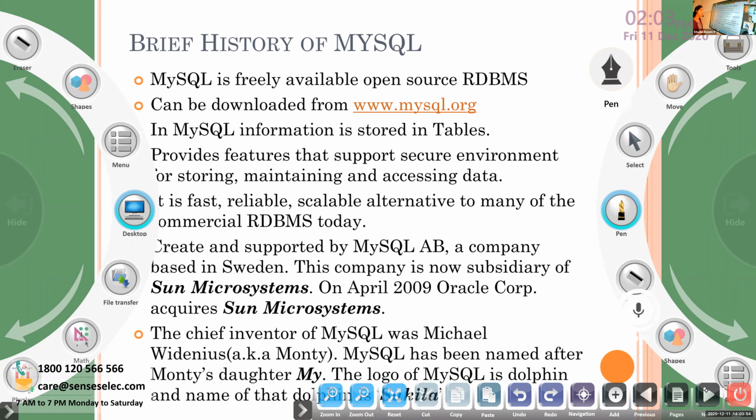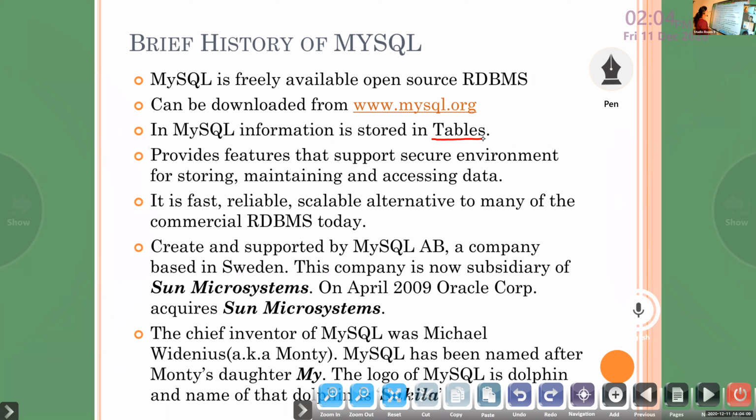We can download it from mysql.org, but even though the name is given as mysql.org, it will go to mysql.com. In MySQL, information is stored in tables. It is fast, reliable, scalable, an alternative to many of the commercial RDBMS. Since it's free to download, free to use, there is no need of any payment.